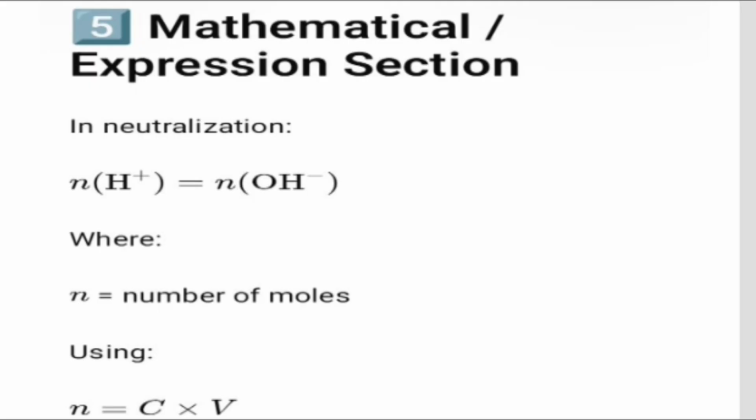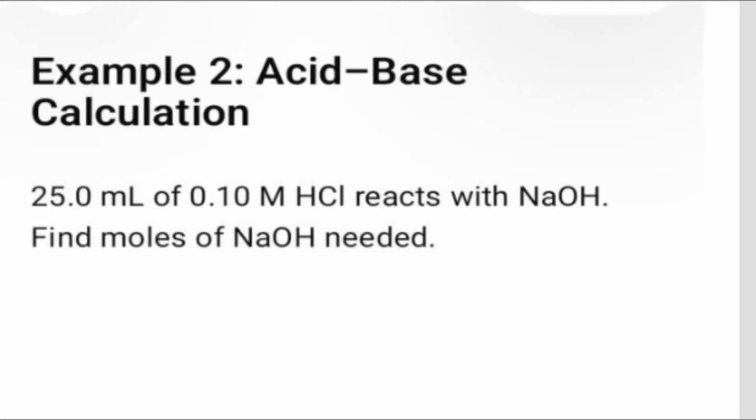So this is similar to what we were asked in this example, because hydrochloric acid is an acid, which we treat as hydrogen ion, and sodium hydroxide is the base, which we treat as hydroxide. So at the end of the day, the answer we find for hydrochloric acid is the answer that we are going to use for sodium hydroxide, which is the base of the what?